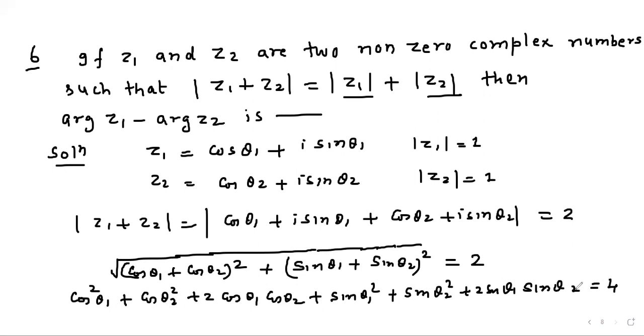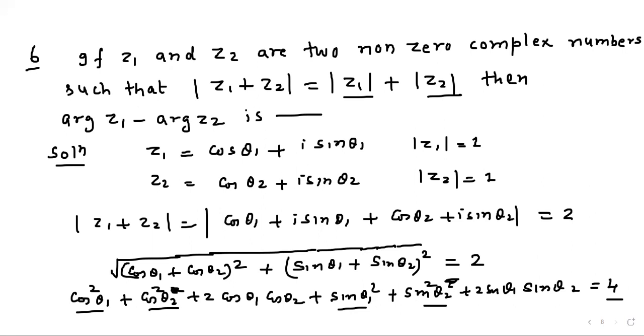Now further, this term will make 1, and similarly cos theta 2 square here. This will also give 1, so 2, and then here 2 and this is 4, so 2 will be reduced.